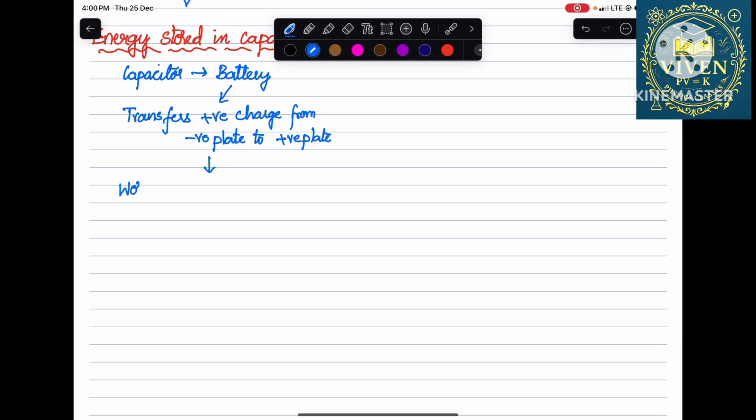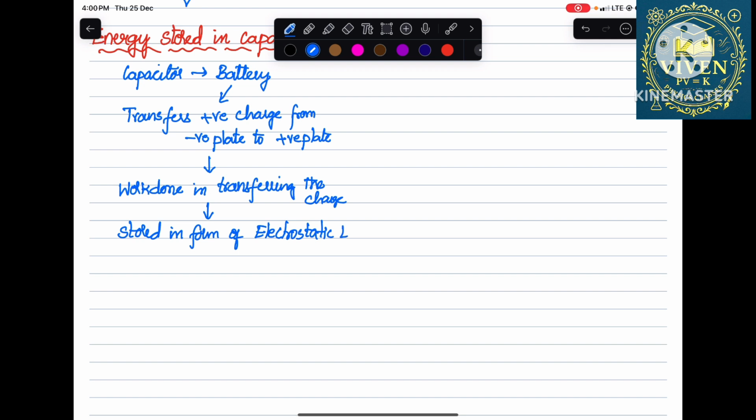So work is said to be done in transferring the charge. And this work, whatever is done in transferring the charge, is stored in the form of electrostatic energy. That's it. So this energy is called the energy stored in the capacitor.